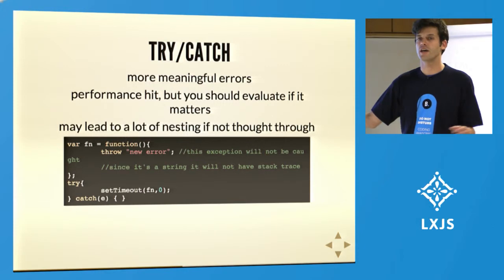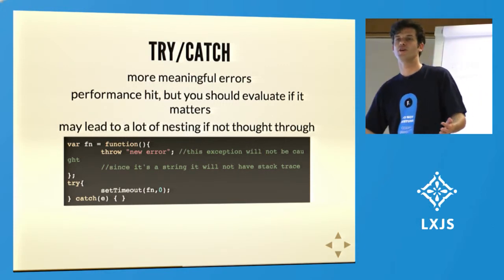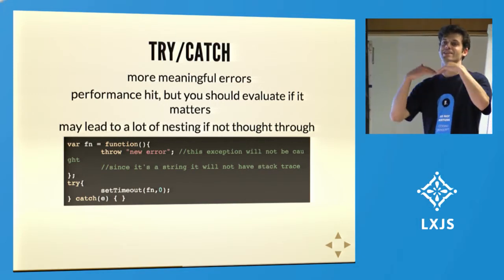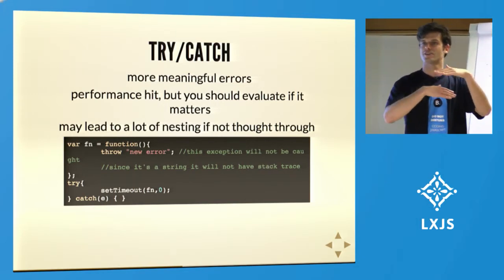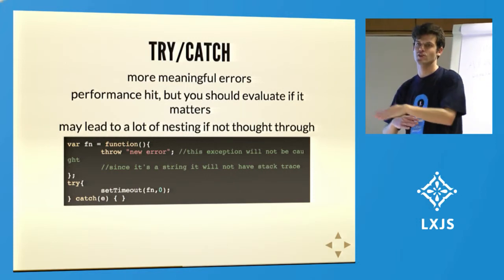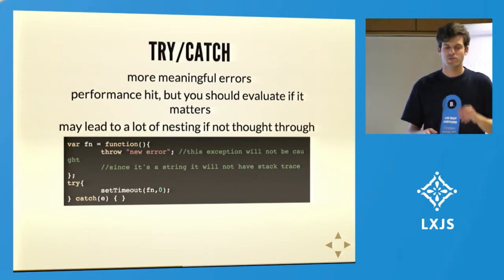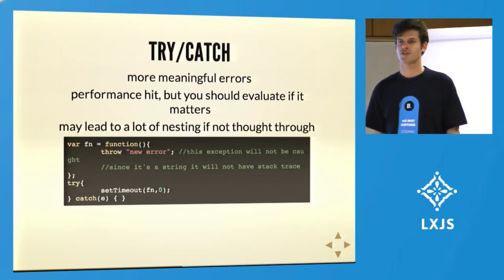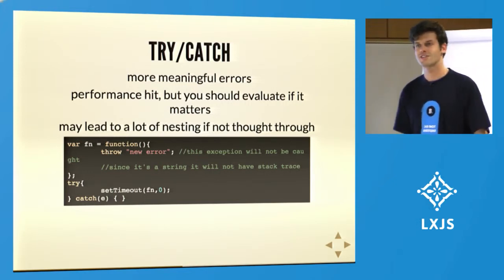It runs, and then you get the new error after it. So you need several layers of try-catch to make sure that everything gets caught. I've seen examples of code with as many try-catches as functions you have, which is not ideal.